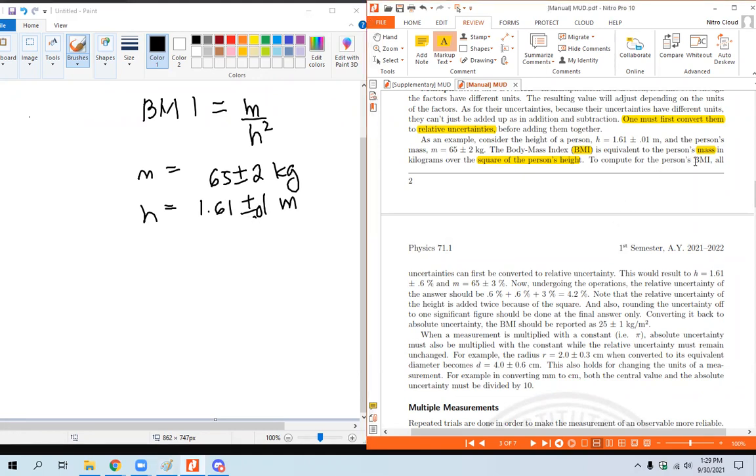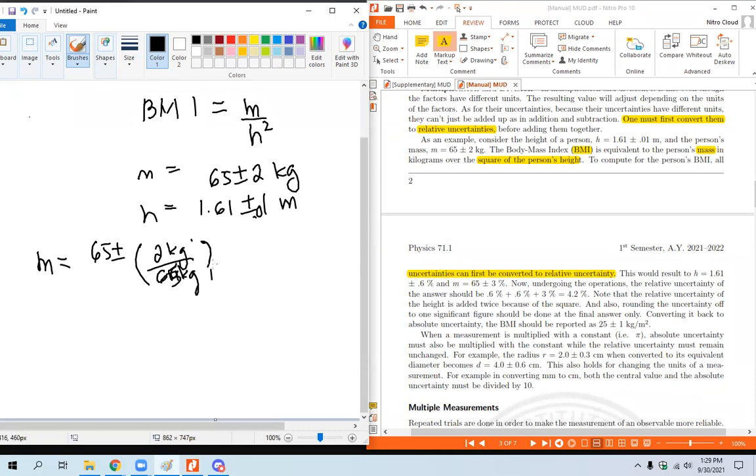So to compute the BMI with uncertainty, sabi niya, the first step is to convert all the uncertainties to relative. So gagawin nating percentages ito. So M is equal to 65 plus minus 2 kilograms divided by 65 kilograms times 100%.